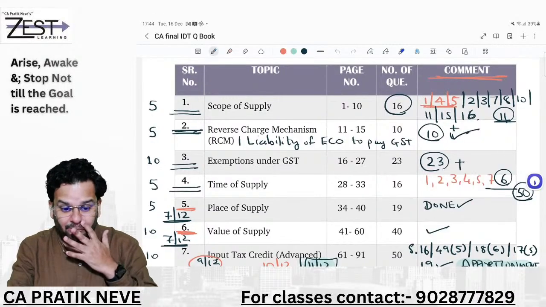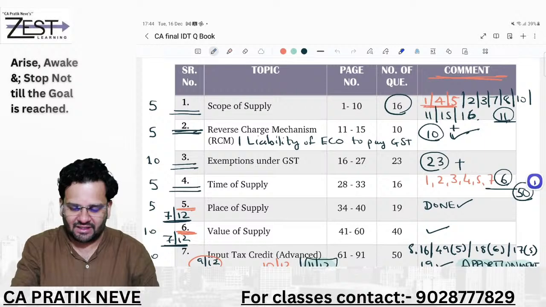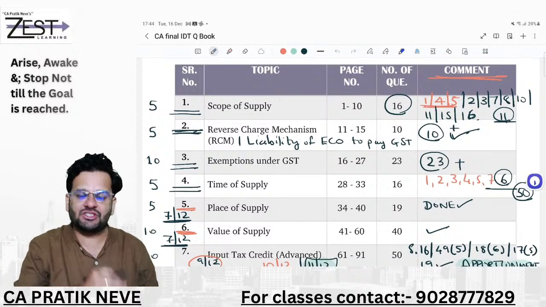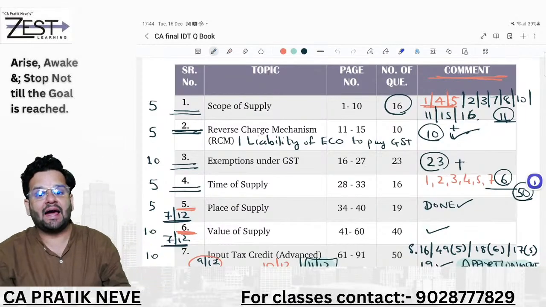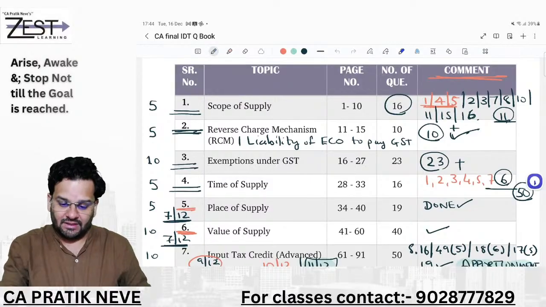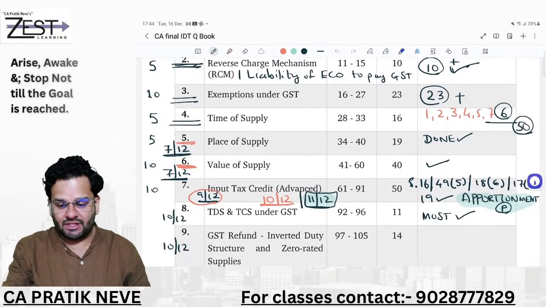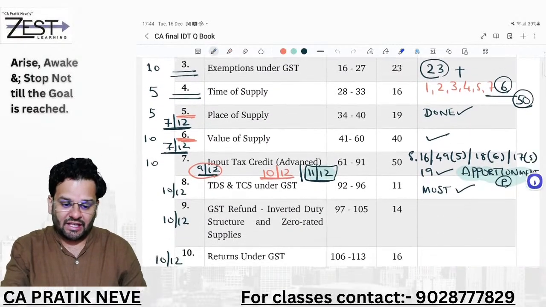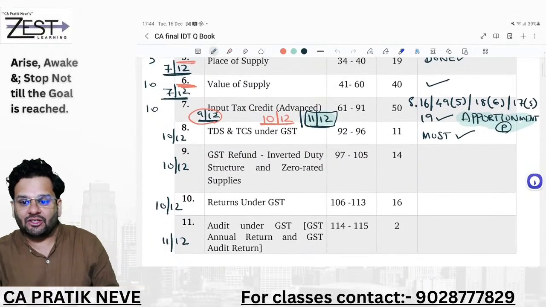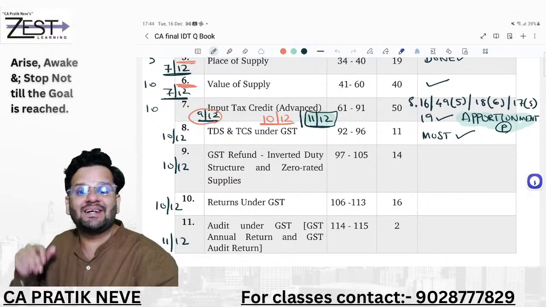So friends, scope of supply we did in the starting. Then we did many questions on reverse charge mechanism as well as liability of e-commerce operator to pay GST. Then exemptions under GST, we did 23 plus questions. Then time of supply, place of supply, value of supply. Today is our session number 11.